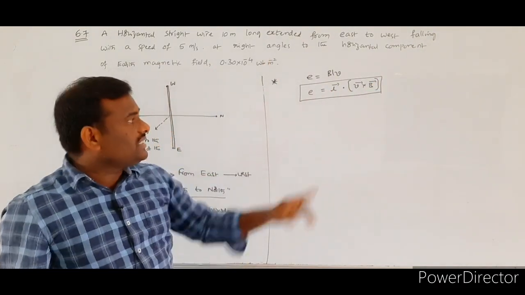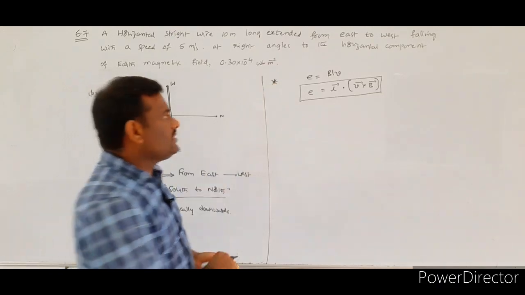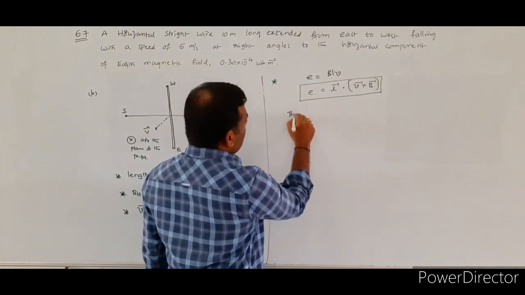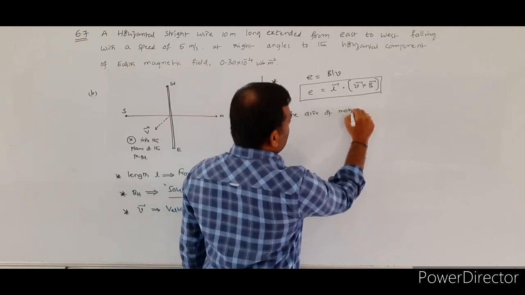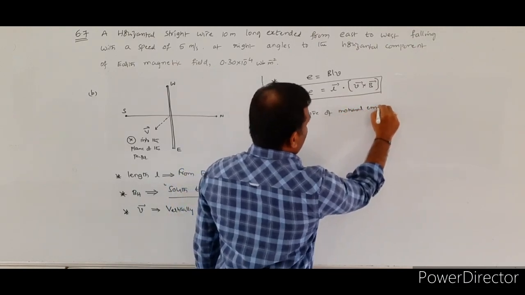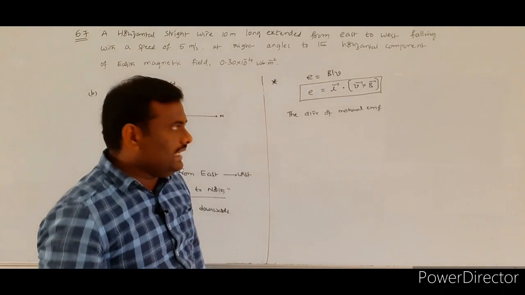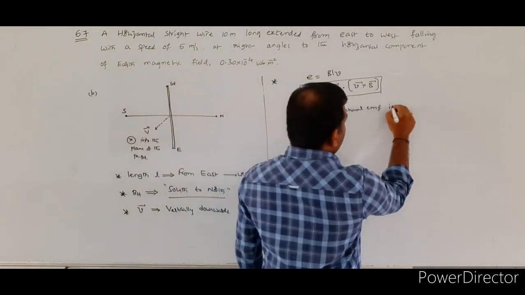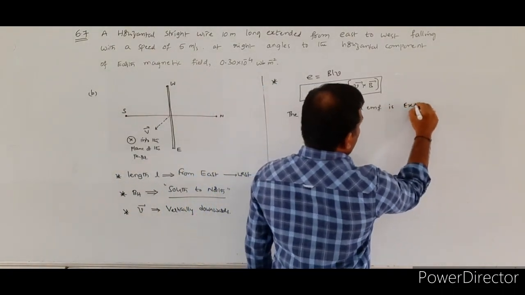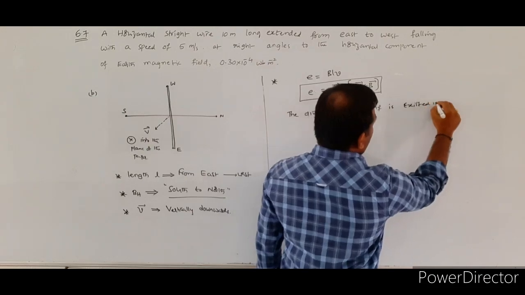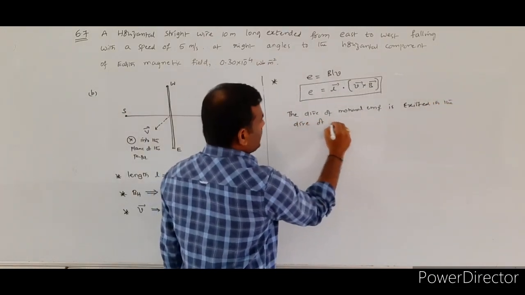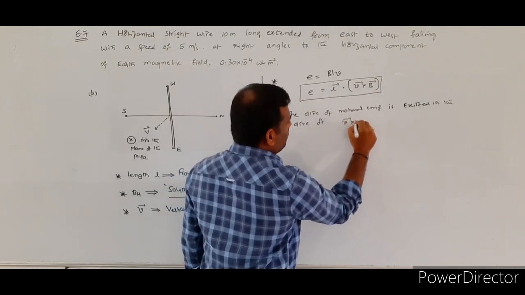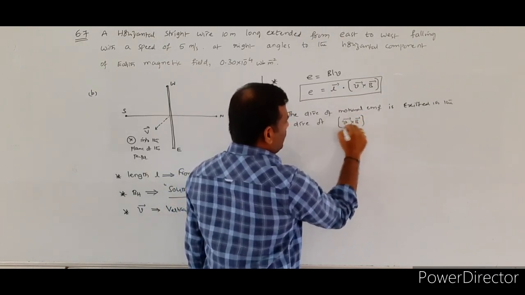In which direction will E exist? The motional EMF exists in the direction of V bar cross B bar.